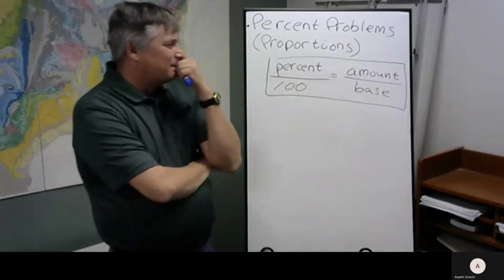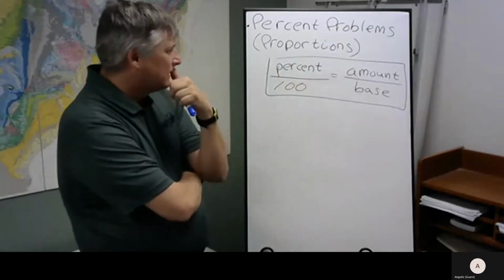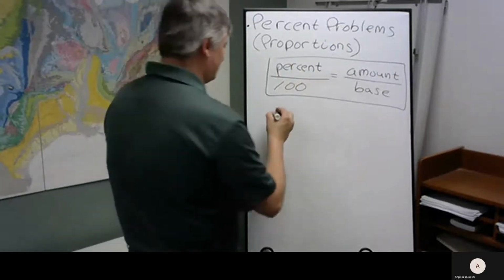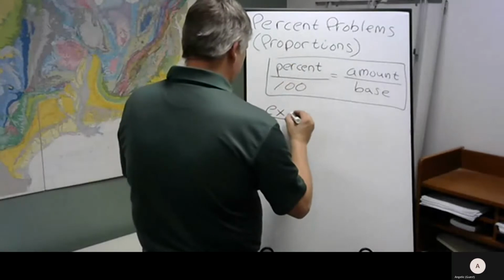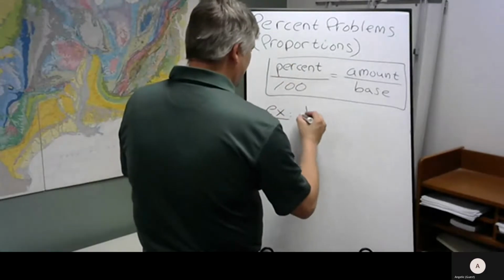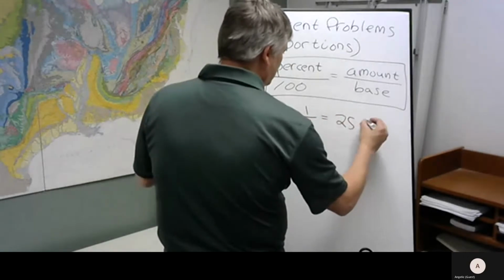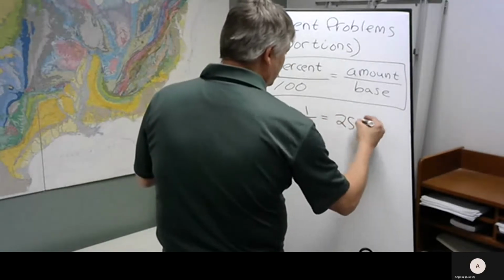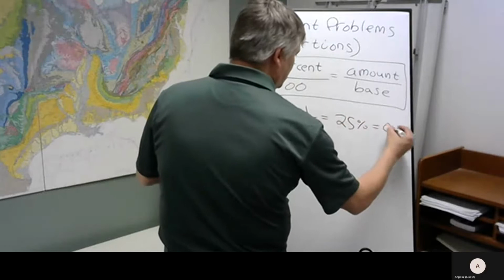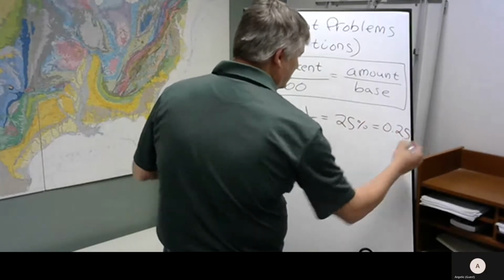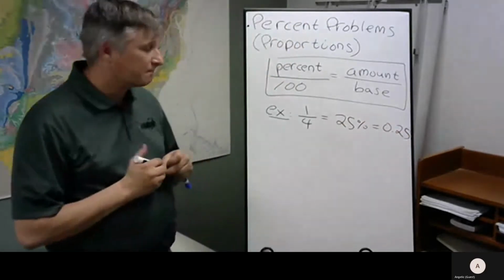In the way you can kind of picture why this works, let me give you an example. Now the fraction 1/4 is equal to 25%, or the decimal 0.25.